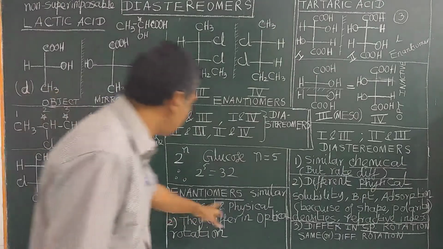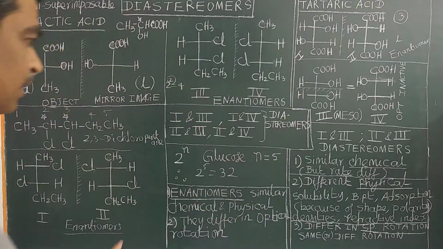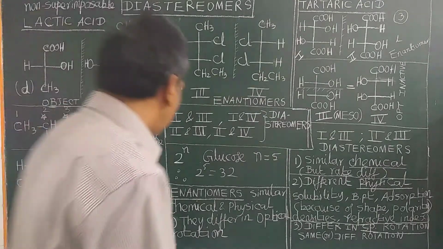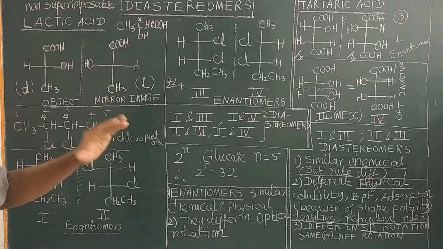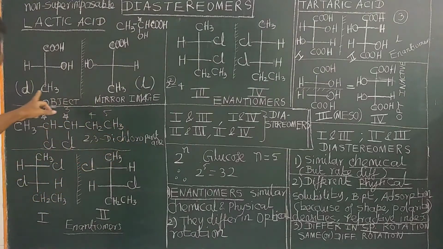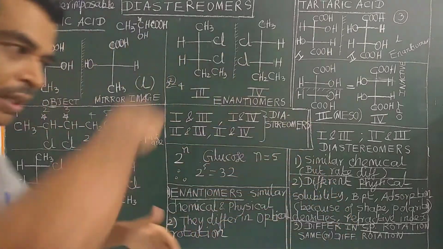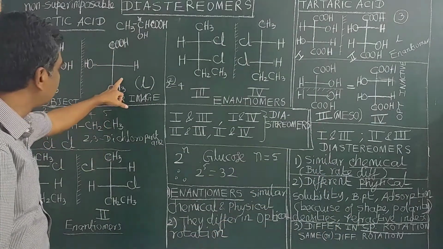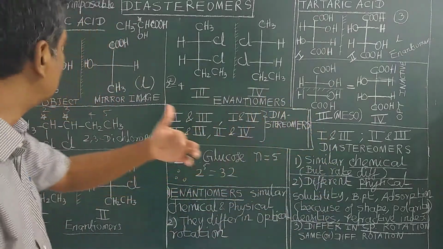They have similar chemical and physical properties, but they differ in optical rotation. One will rotate the plane polarized light in the clockwise direction, the other will rotate plane polarized light in the anti-clockwise direction.